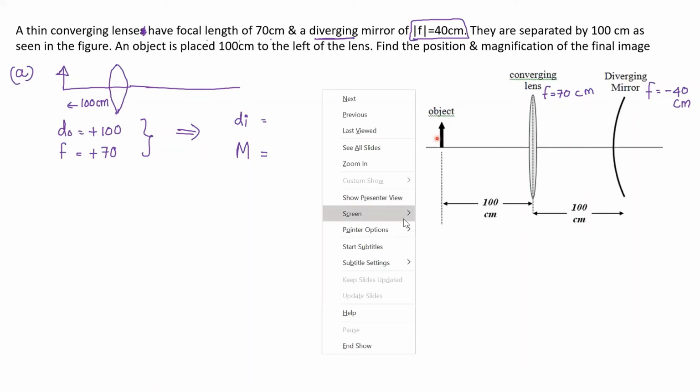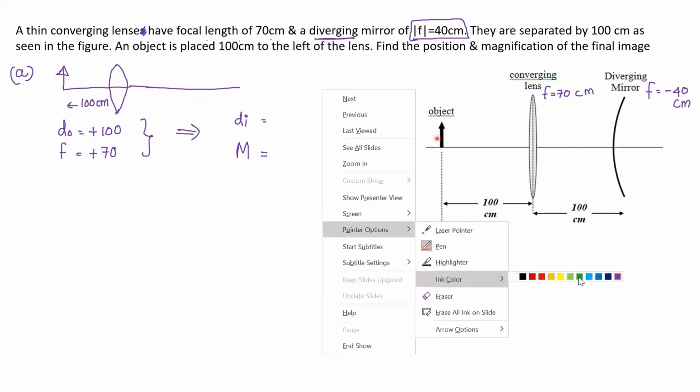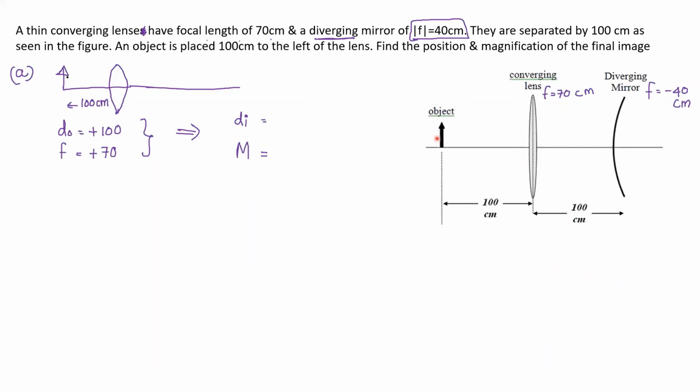And like I said at the beginning, when you have a real image at the start, that's where the light is coming from, at the start. We will see if it changes later.